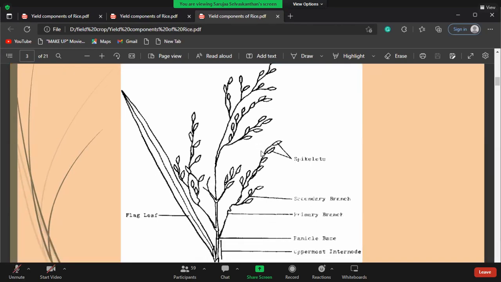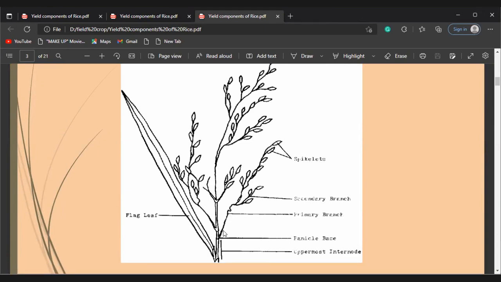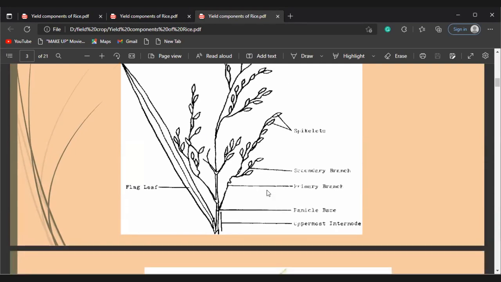This is the main one, which means the primary branch in the panicle. On the primary branch, the secondary branches will be there. So on the primary and secondary branches, spikelets will be formed. Then that's the panicle base and the uppermost internode, the last internode of the plant. So what is this? This is the panicle, the inflorescence of paddy.